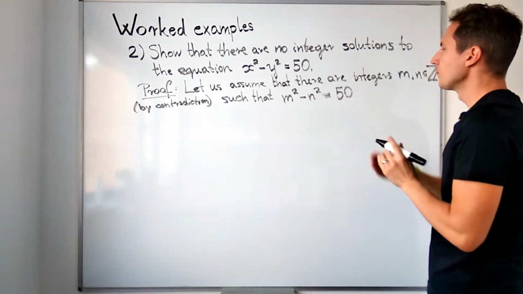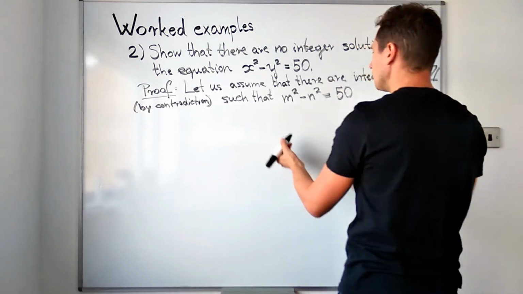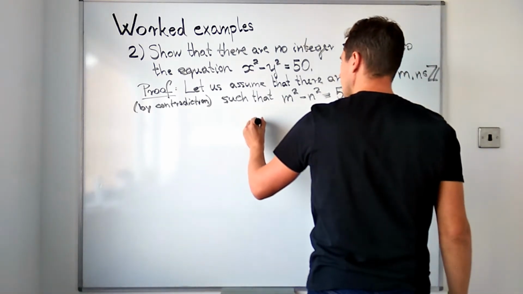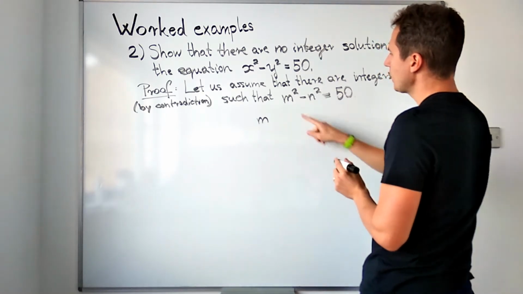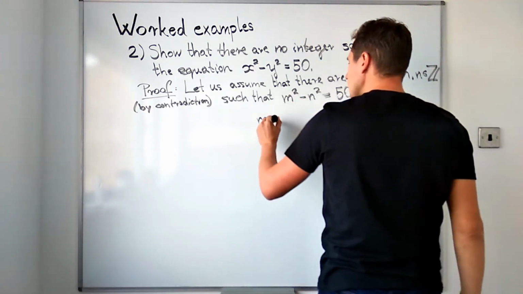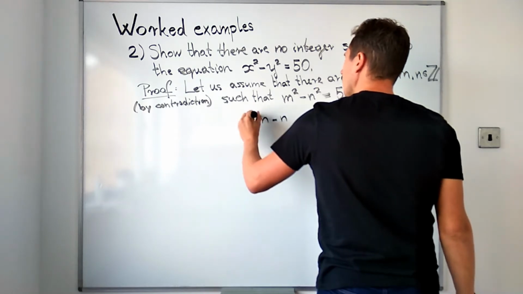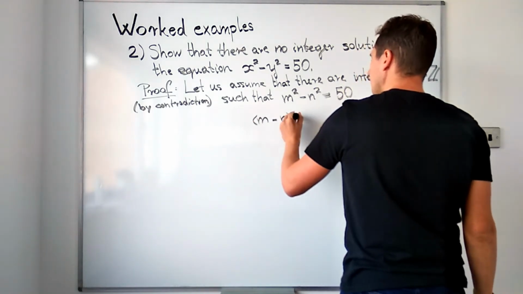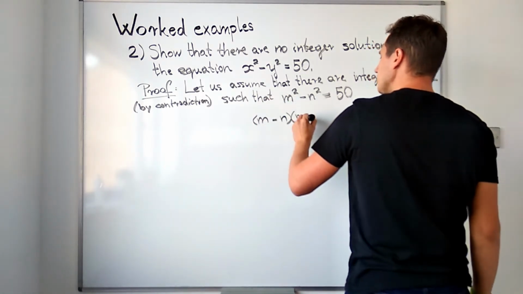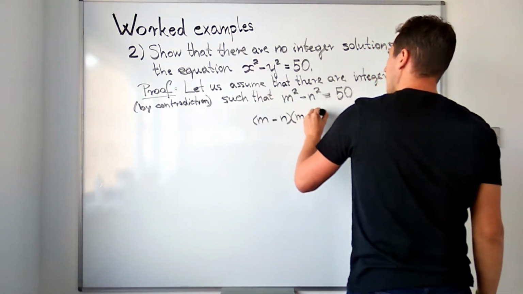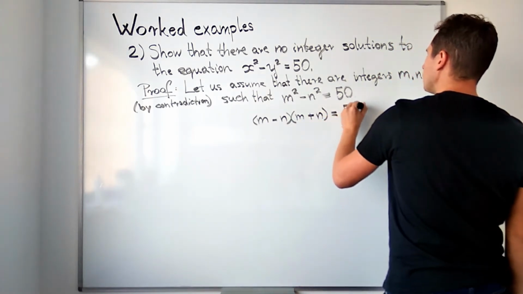Okay, in this case, now let's just look at the left-hand side of this equation. Well, this algebraic expression of m squared minus n squared hopefully reminds you of the usual identity of this being equal to m minus n times m plus n. So this should be equal to 50.